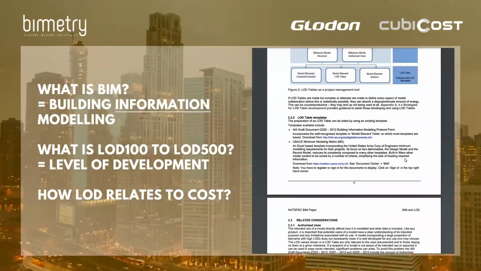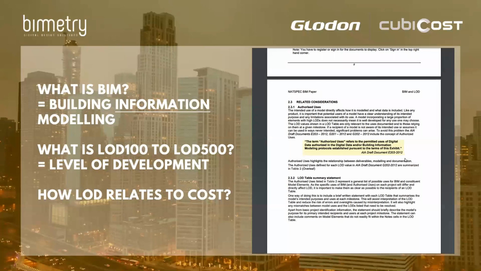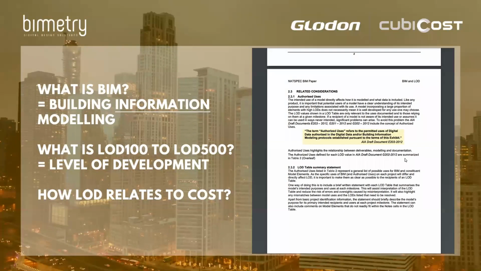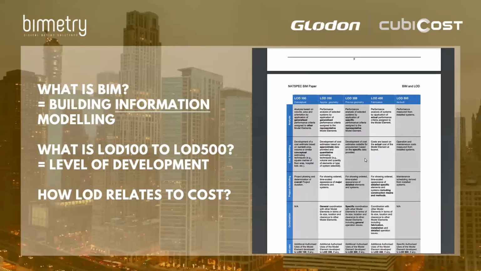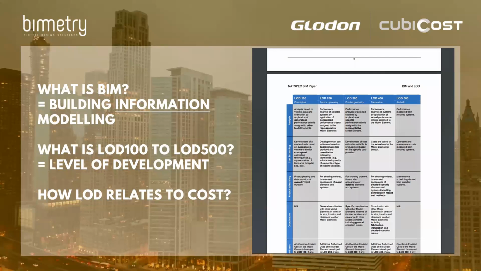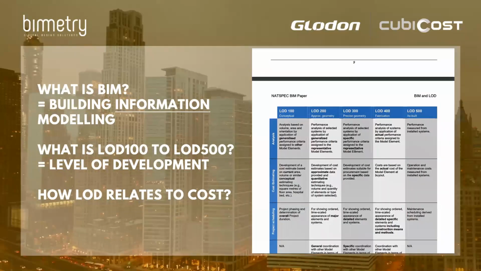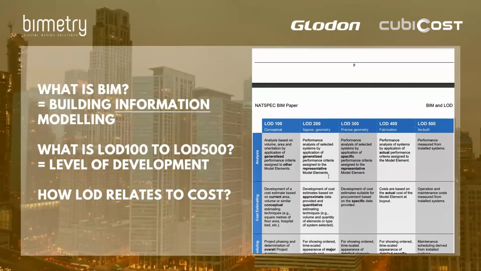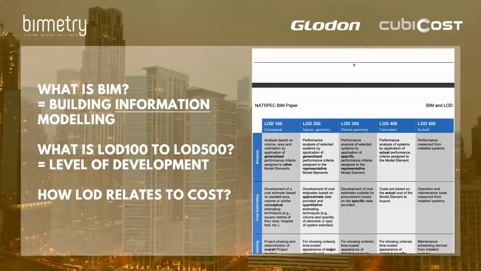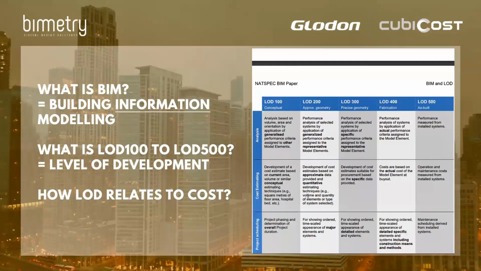Often for LOD 300 or 350, we have requirements for the data in the BIM models, and actually you could have specific data and prices filled in for the various objects. In LOD 400, we are expected to have the actual prices linked to all the components for fabrication. And in LOD 500, we have the actual operational and maintenance costs.